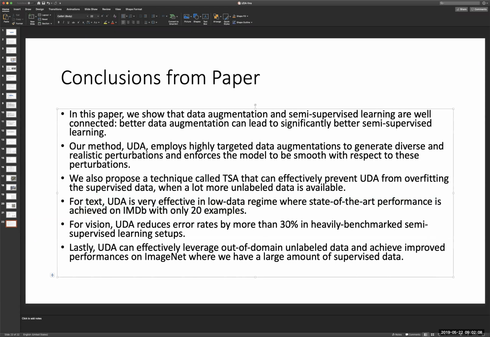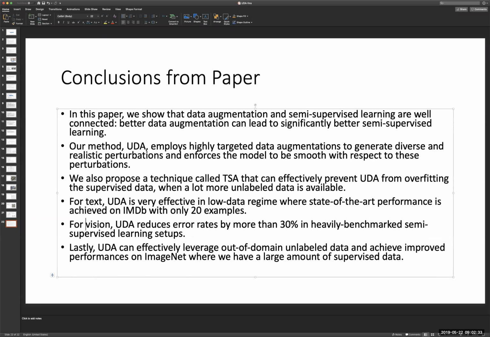Again, 30% is good. And lastly, we have our ImageNet experiments. UDA can effectively leverage out-of-domain unlabeled data and achieve improved performances on ImageNet, where we have large amounts of supervised data. So those are the conclusions.